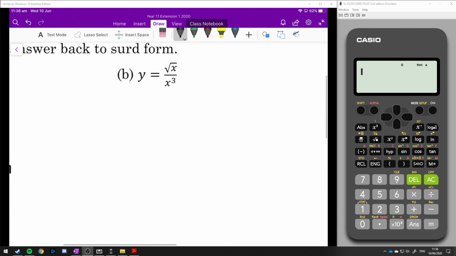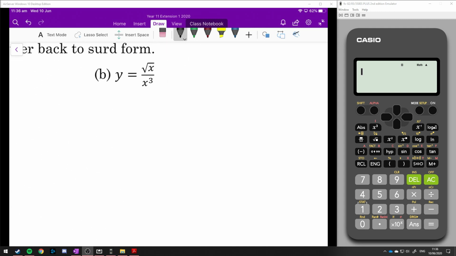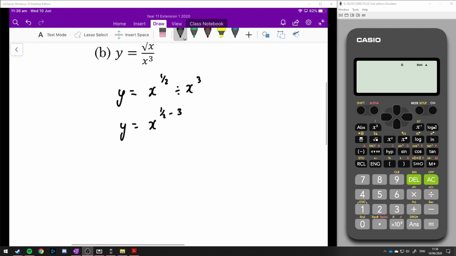So then jumping over to this side, let's do this one here. We've got y is equal to, so the square root of x is x to the half divided by x to the 3. So if I'm dividing indices, we can subtract them from each other. So y is equal to x to the half minus 3. So minus 3 is 6 on 2. So y is equal to x to the negative 5 on 2.